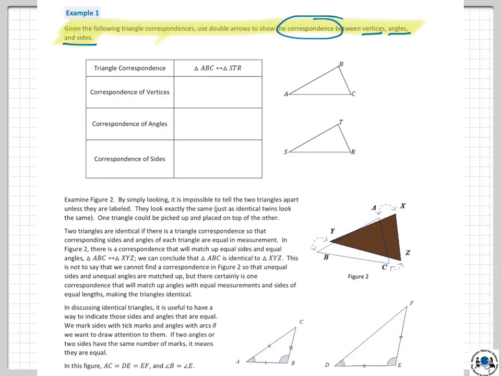The first thing we need to see here is our triangle correspondence. We have triangle ABC, moving that way, corresponds to triangle STR. So this is a pretty basic one, huh? All right, go ahead and do that.